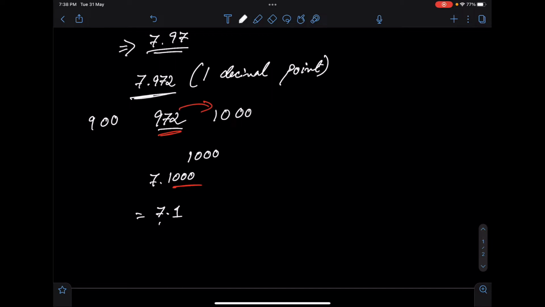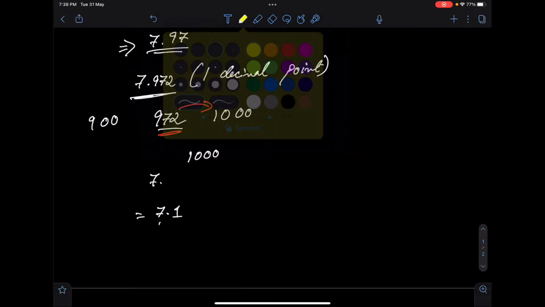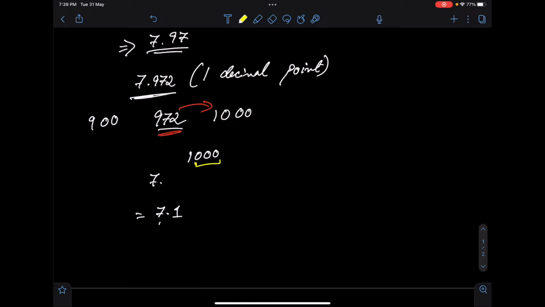What you guys have to do here? You have to wait. You have to take these three zeros, place them over here, and this one will be added with 7, and this 7 now becomes 8, so what you get as the final answer is 8.